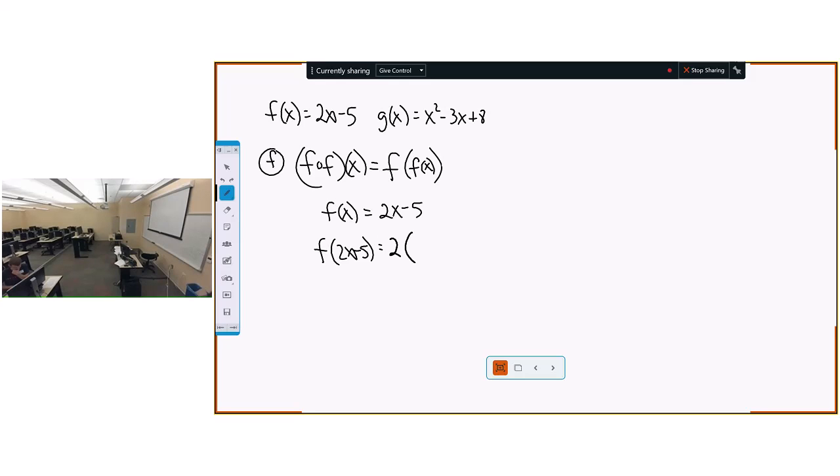So that's 2 times 2x minus 5 minus 5. We use the distributive law to get rid of the parentheses. So that becomes 4x minus 10. Bring down your negative 5. That gives us 4x minus 15. So the function f circle f of x would give us 4x minus 15.